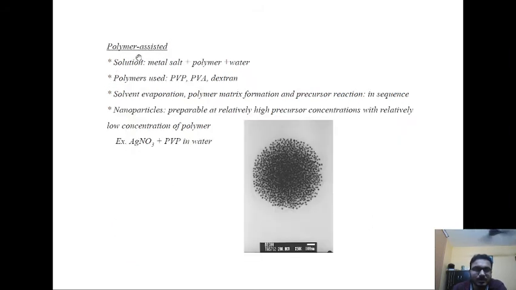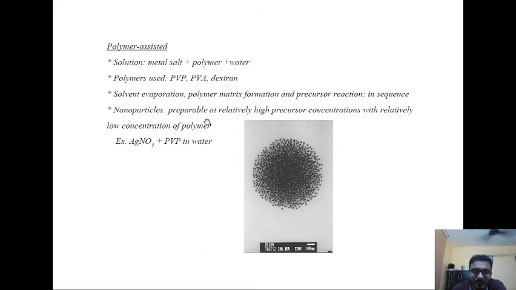Then we have polymer assisted, where the solution is metal salt plus polymer plus water. Polymers used are PVP, PVA, and dextran, and then solvent evaporation, polymer matrix formation, and precursor reaction occur in sequence.